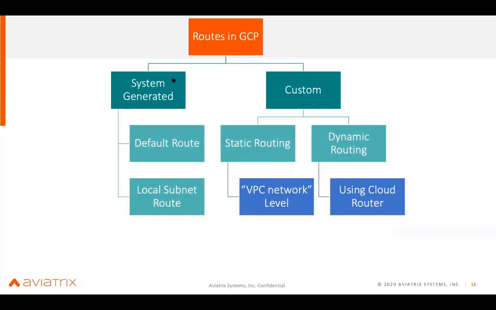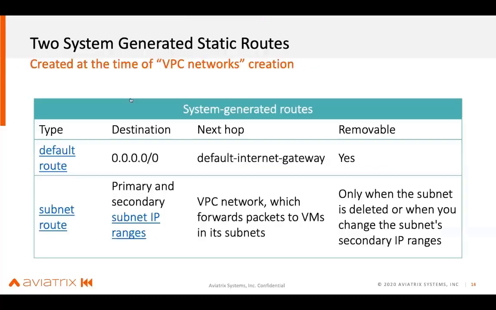Routing in GCP, when you look at the route tables, you have two kinds. You have system-generated routes and then you have custom routes. The system-generated routes give you a default route, which, as I mentioned earlier, is a 0.0.0.0/0 route to the internet right away. And then you have a subnet-level route, which allows traffic between the subnet ranges to go to one another.